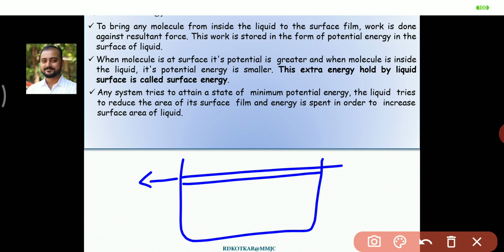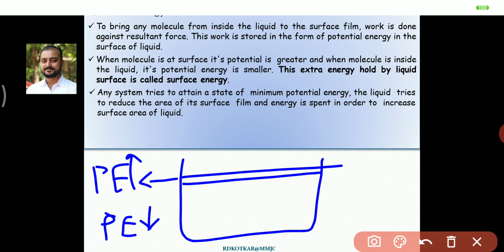The molecules which are present at the top, in the surface film, have high potential energy. The molecules which are below the surface film have low potential energy.